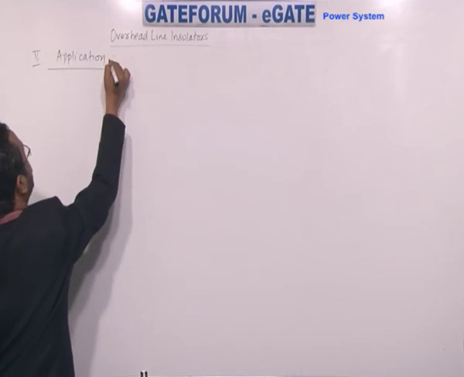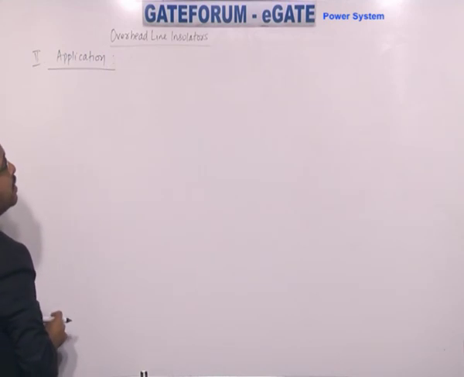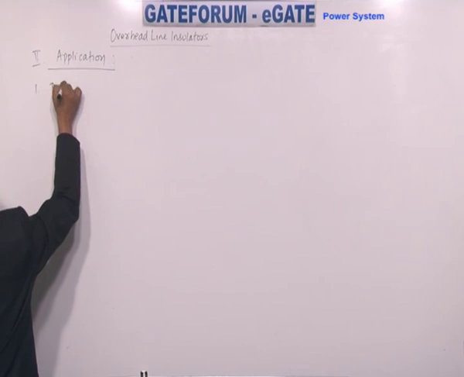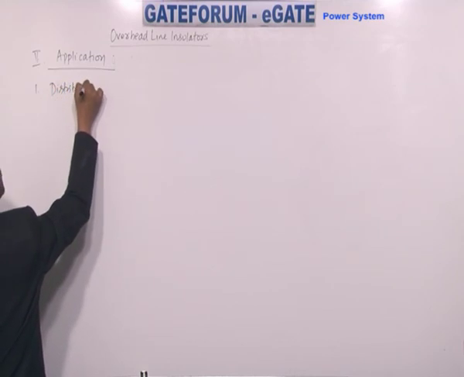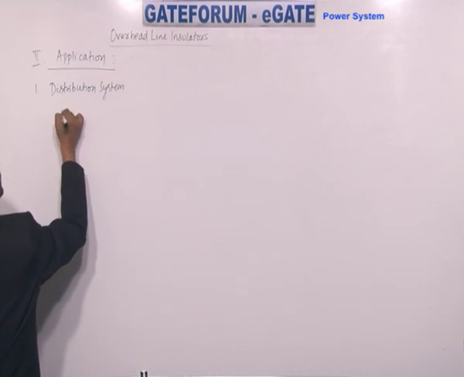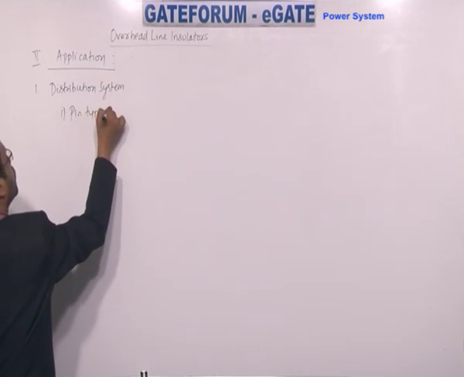So how to classify them based on applications? First one is the distribution system, where we have the pin type insulator.